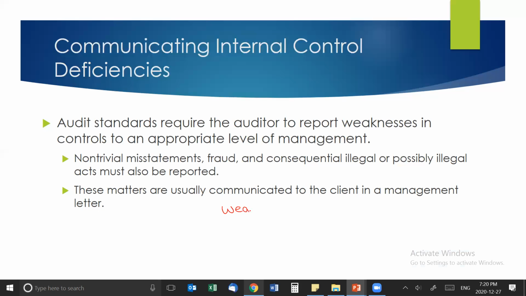So the format that we use in the management letter is you state what the weakness is, state the implication of the weakness, and provide a recommendation. So if you, in your assessment of internal controls, find weaknesses in the controls, you state what the weakness is, what the implication is, so what's going to happen if this weakness doesn't get resolved, and then provide a recommendation of how to solve it.